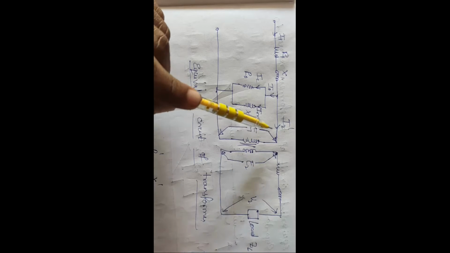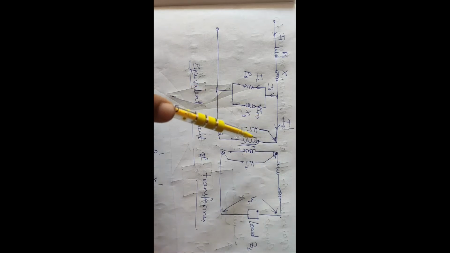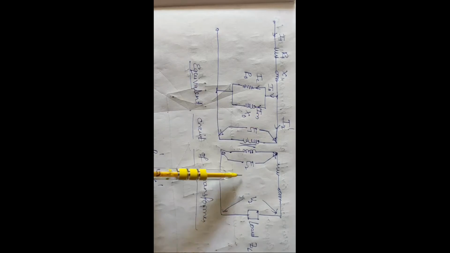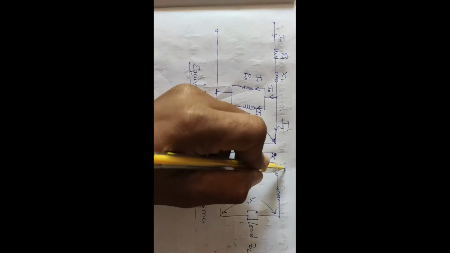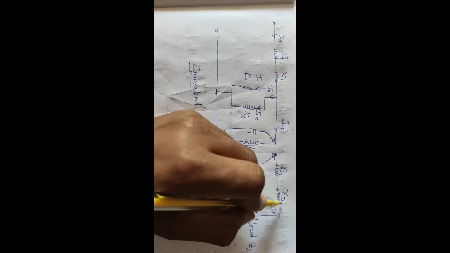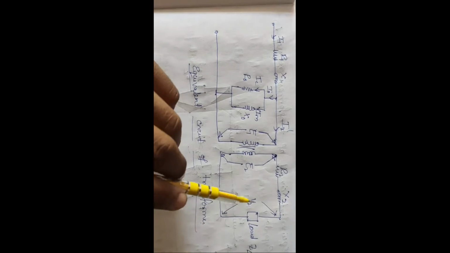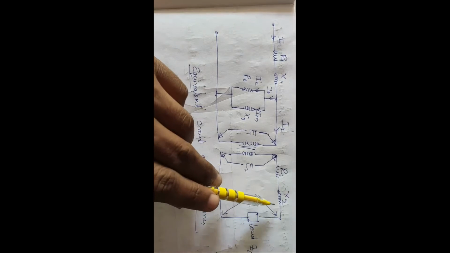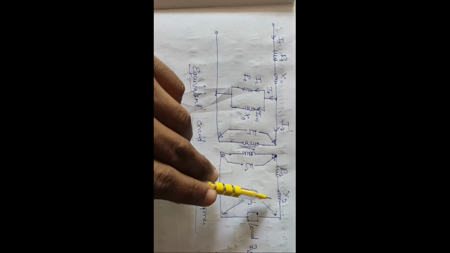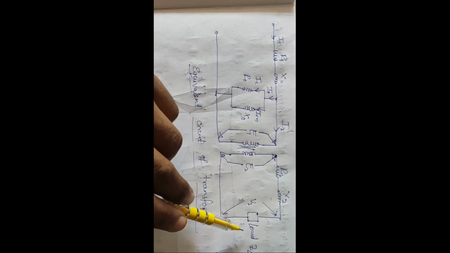So we have to consider this also while drawing this circuit. And also this is R2 and X2, secondary resistance and secondary reactance. Okay, so this is the load component. Okay, so this is the exact equivalent circuit.